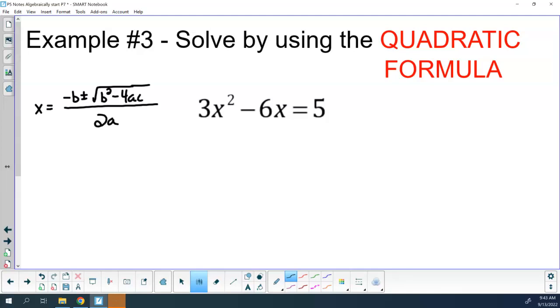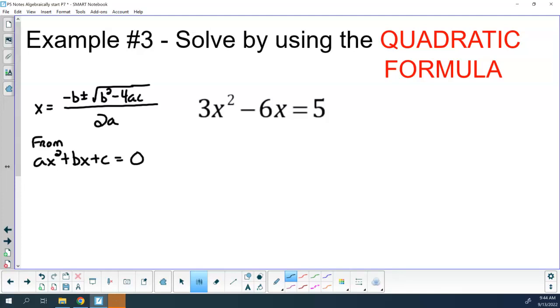In order to use said quadratic formula, it has to be equal to 0 first. Or it has to be, I should say, in standard form, so that we have our a, b, and c.